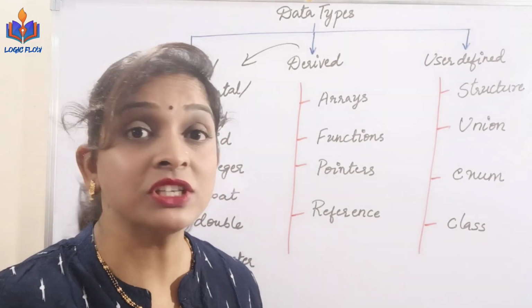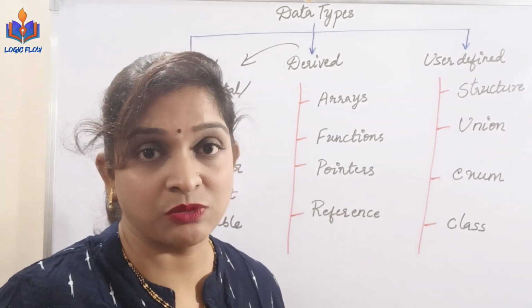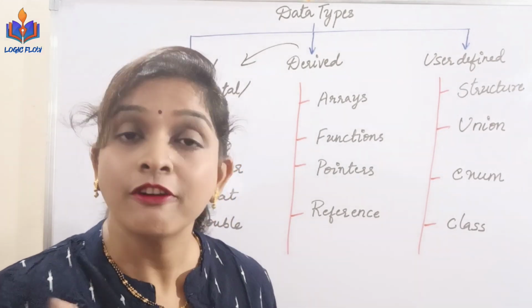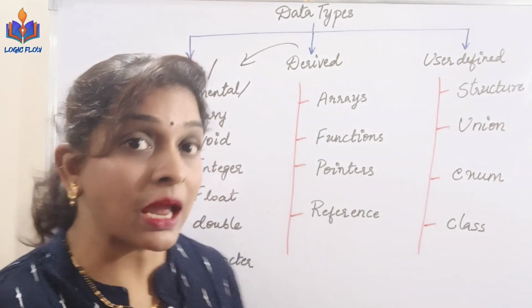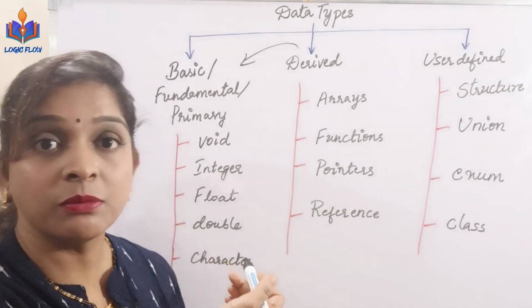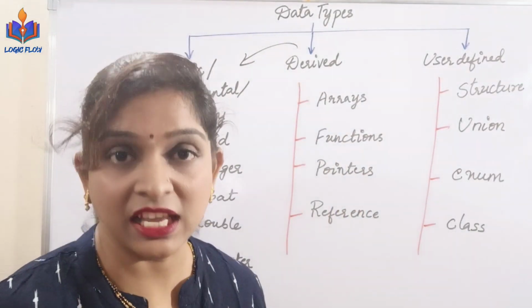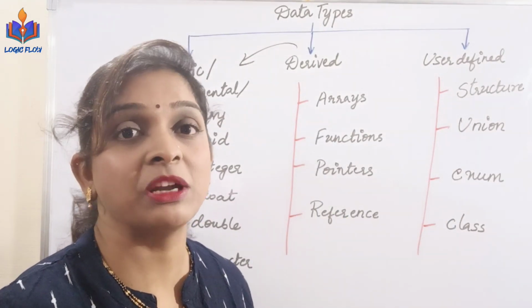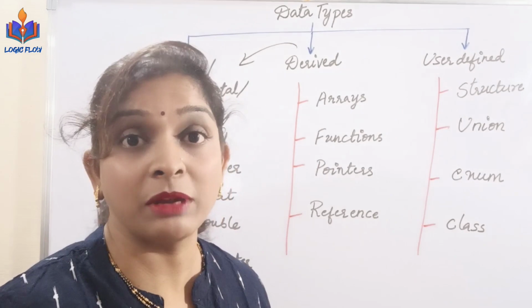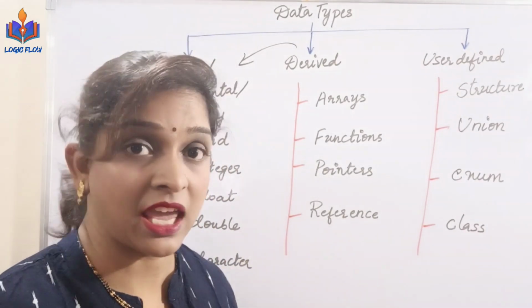When I say homogeneous collection, I need to say what type: an integer collection of data, a float collection of data, or characters. So I am taking the help of the fundamental data types itself. It is derived from the existing. Or when I say function, I am creating a function that can return some integer value or take some integer value. So it is again taking the help of fundamental types. It is derived from the existing.